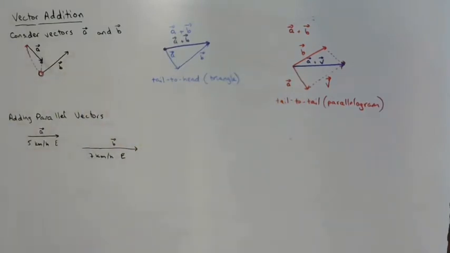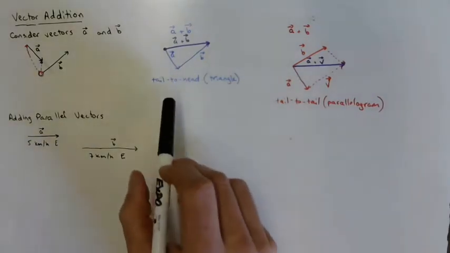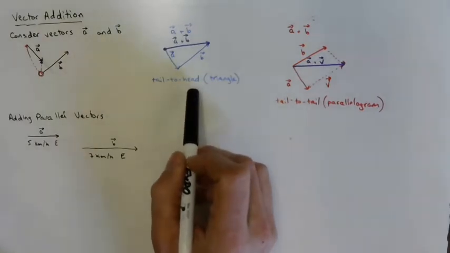These are clearly parallel. They're heading the same direction, but they have different magnitudes. So how do we add these together? Well, we use the same strategy, this tail to head method.